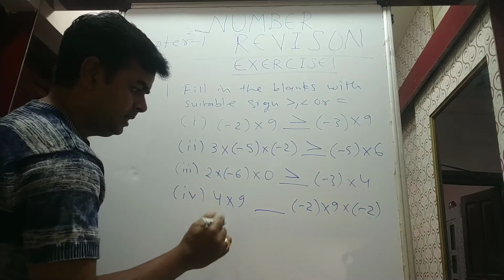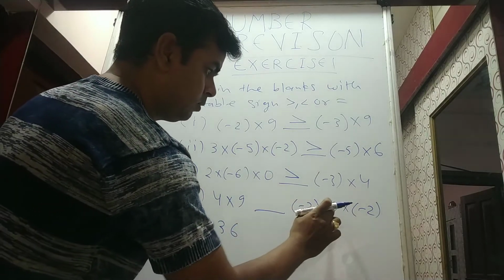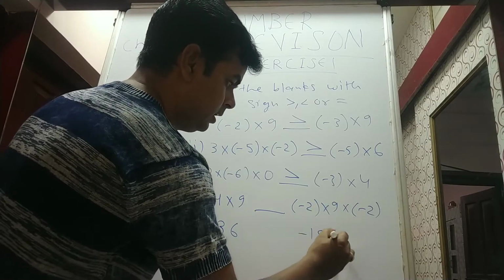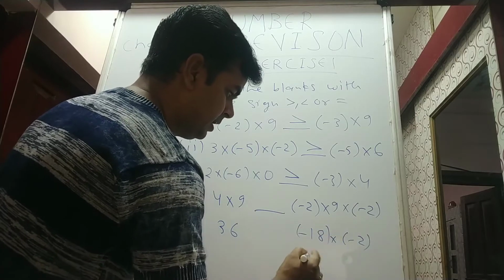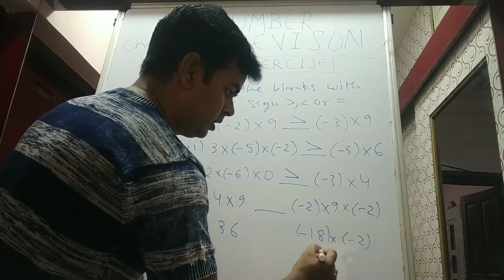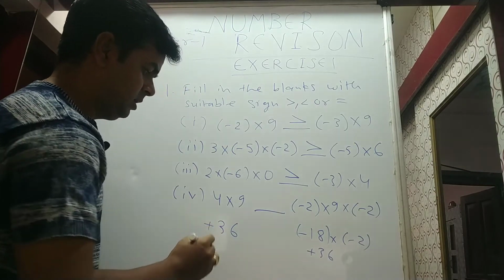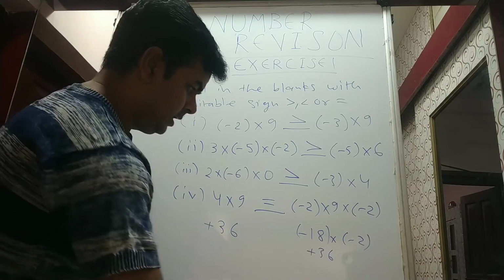Plus 4 nines are 36. Minus into plus, minus 2 nines are 18, into minus 2, minus into minus is plus, 18 into 2 is 36. And 36. There is no sign, which means plus, so both are equal, right?